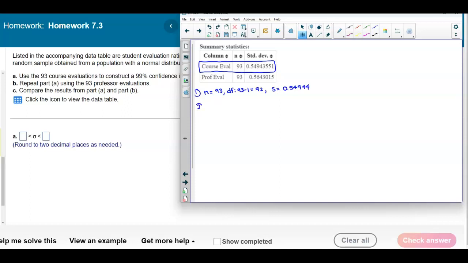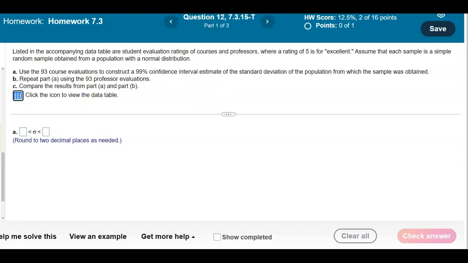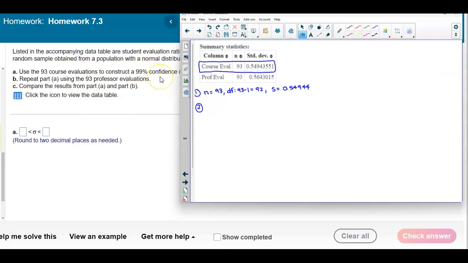Now in step 2, we want to figure out the critical values of chi-square on the left and on the right. In order to do that, we use our 99% confidence level. So alpha is going to equal 1 minus 0.99, which is equal to 0.01. Then we divide alpha by 2. So 0.01 divided by 2 gives us 0.005.